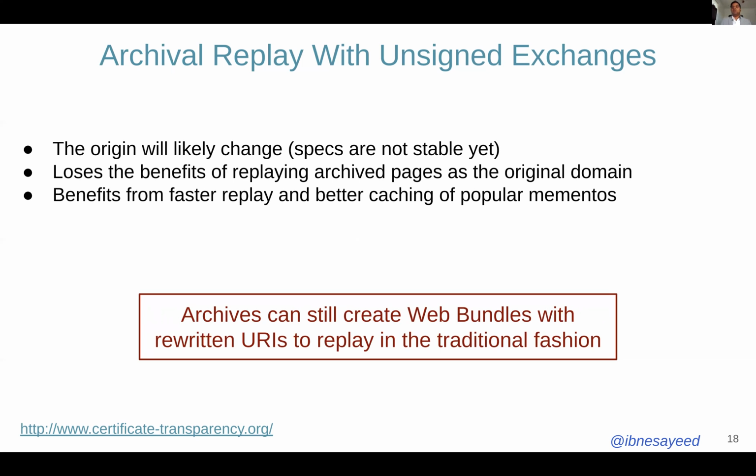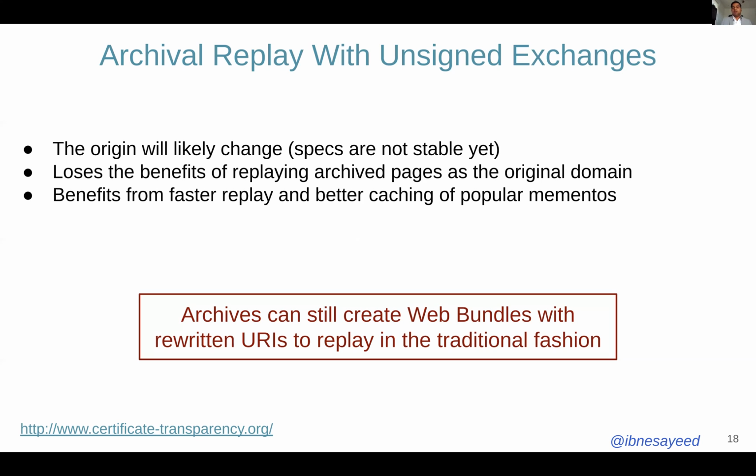And they're trying to do some sort of isolation so that cookies and some other security features of the live side do not leak into a bundle and make it available to another origin or distributor, which means we'll lose the benefit of replaying archive pages as the original domain. So origin violation is something we will need to figure out how to handle.